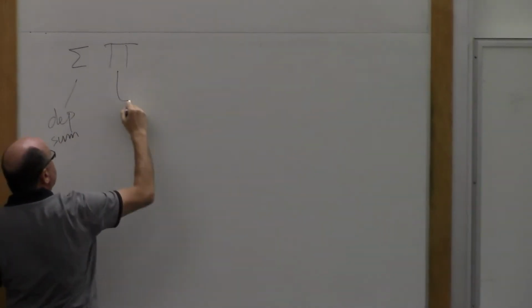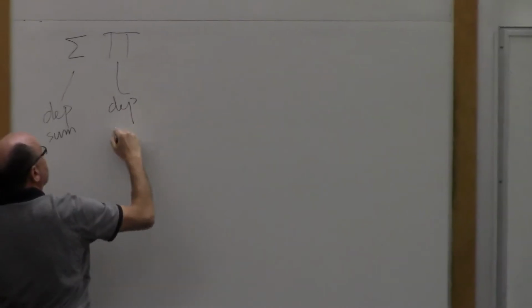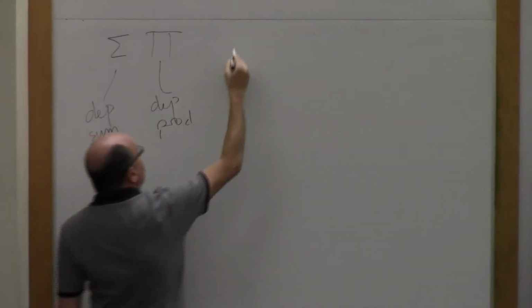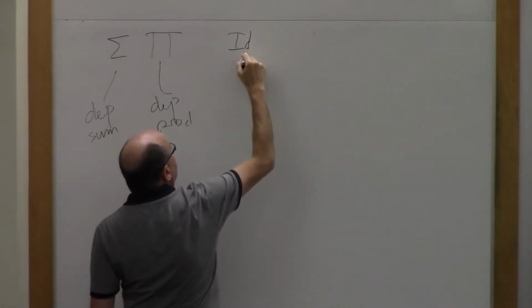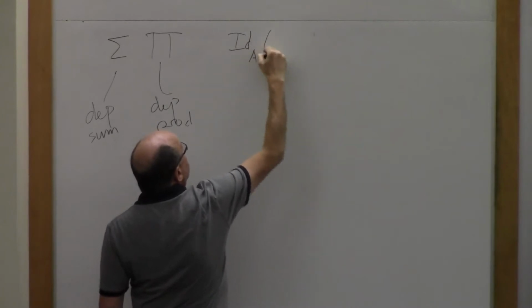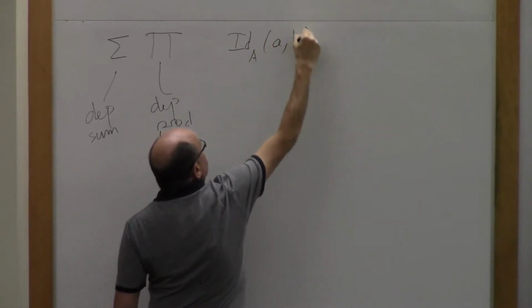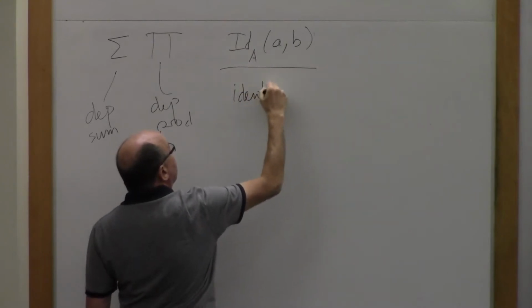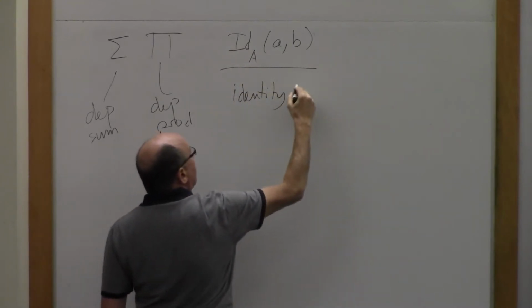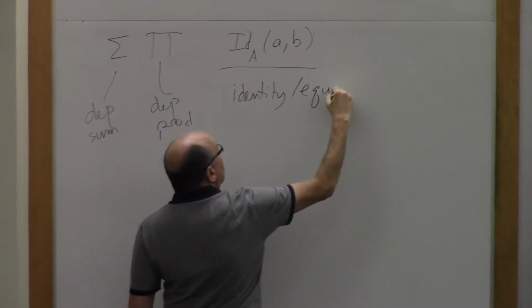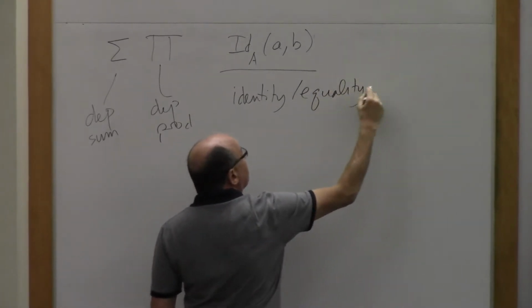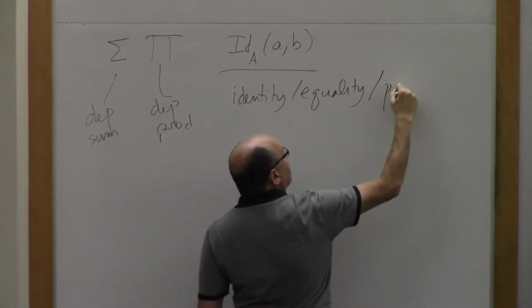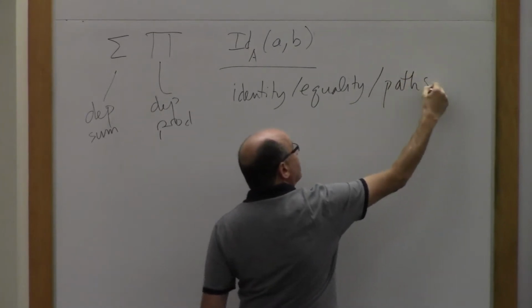The dependent product is more typical, and we began to talk about the identity type, which is written like this. And this is identity, or you could explain it as equality, or as I will explain shortly, it's sort of an abstract type of what are called paths in a space.